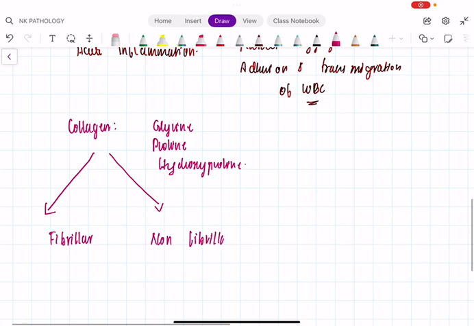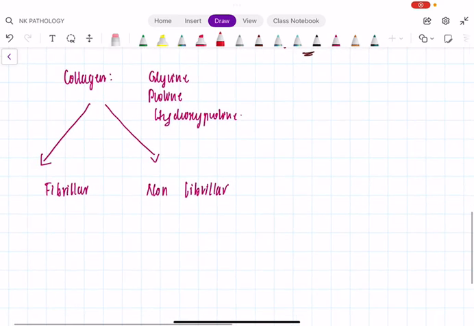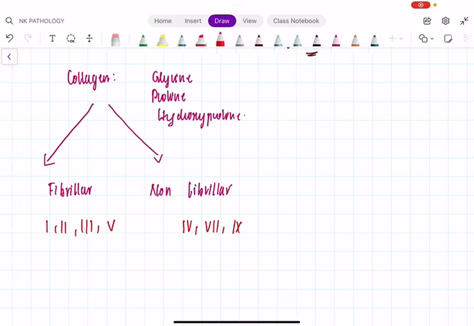You should just know the names, nothing more in detail. Types 1, 2, 3, 5 are fibrillar, whereas 4, 7, 9 are non-fibrillar. 9 and 7, FACIT. Just remember this.